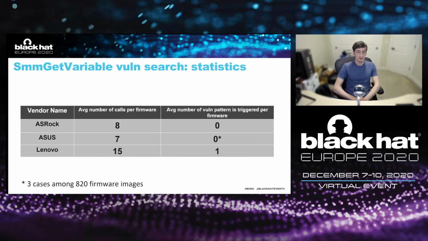For example, it's, I think, literally 0 cases for ASRock, and for Asus, it's something like 3 cases per 800 firmware. So it's going to be 0.03, I think, something like that. I know its average number is about one vulnerability pattern per firmware.